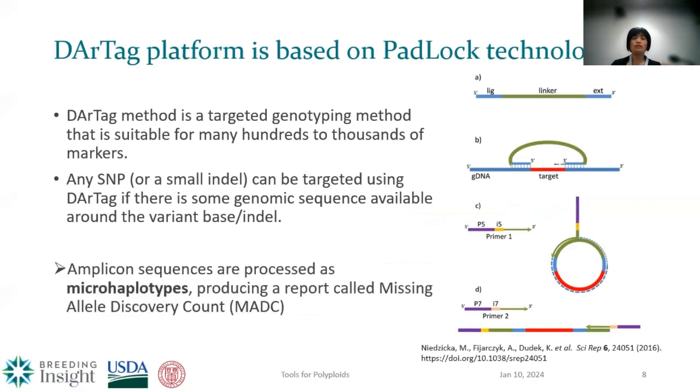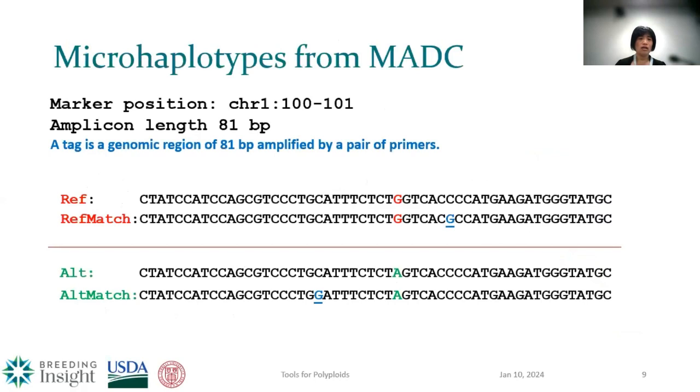The output from this technology is amplicon sequences. Previously it was 54 base pairs, and now it's 81 base pairs. These amplicon sequences we process as microhaplotypes, which are produced in a report called the missing allele discovery count, or MADC, from DART. And these are the microhaplotypes from the MADC report.